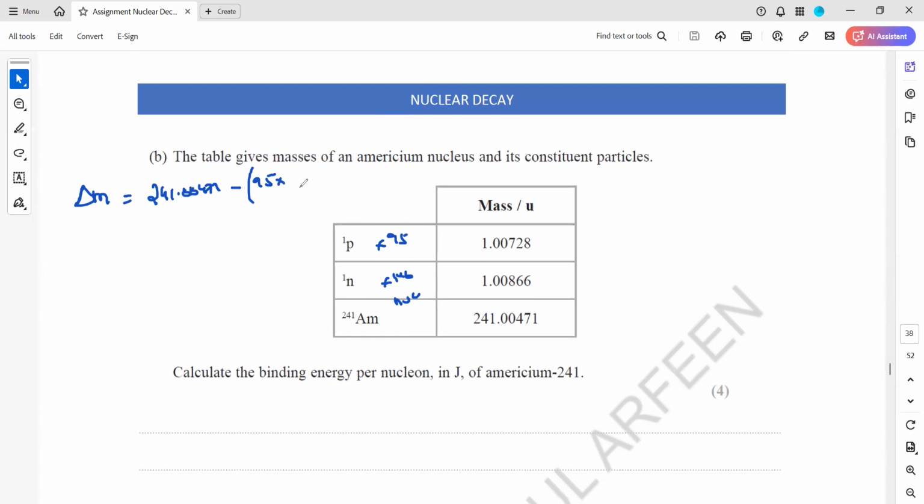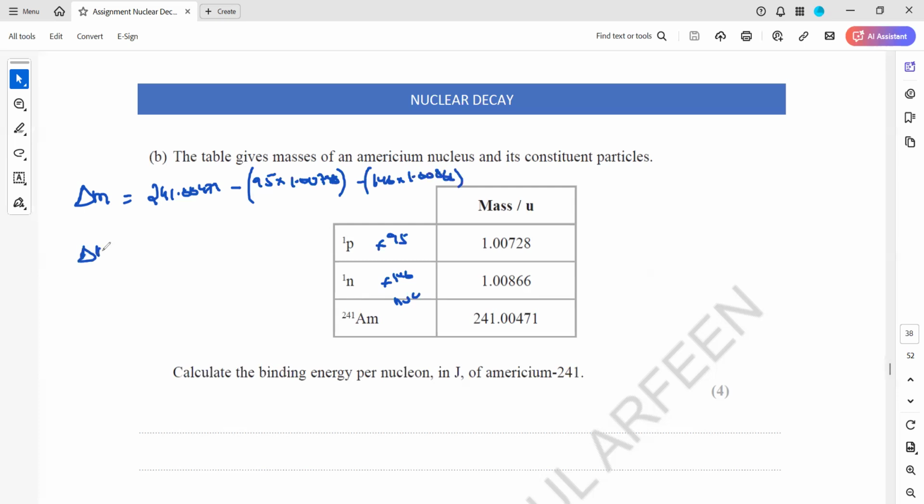So 95 times 1.0072628, minus 146 times 1.00866.